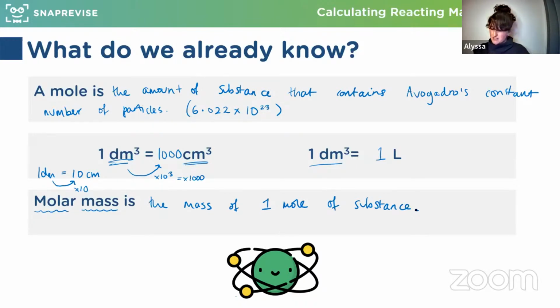So molar mass is the mass of 1 mole of a substance. So yeah, you could do the mass of an amount of substance divided by the number of moles in that substance, and that would give you the molar mass. Very good. And relative, yeah, again, Annabella, relative molecular mass, you need to be careful with as well, because it's technically not the same, because relative molecular mass is the mass of 1 mole of a molecule, a molecular substance, relative to 1/12 the mass of a carbon-12 atom.